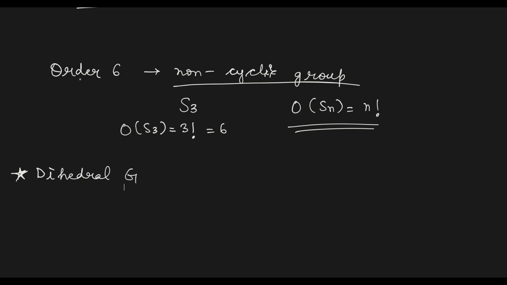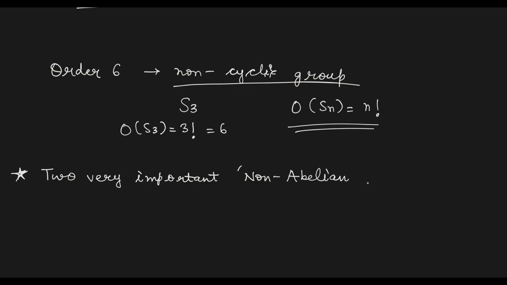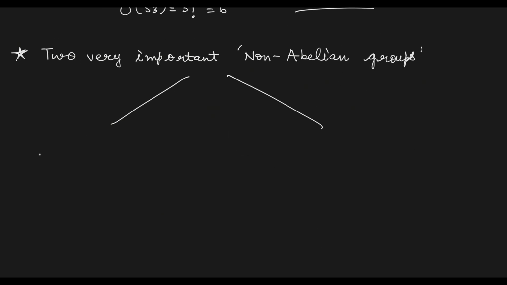Now we are going to study two types of non-abelian groups. Two very important. First one is dihedral groups.